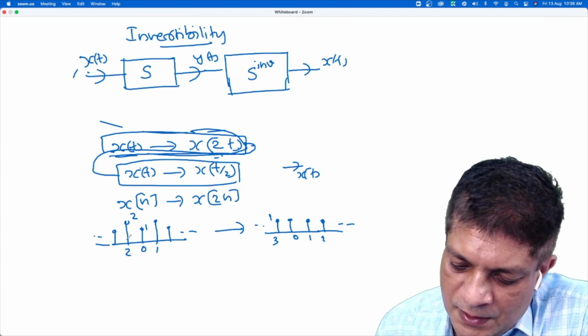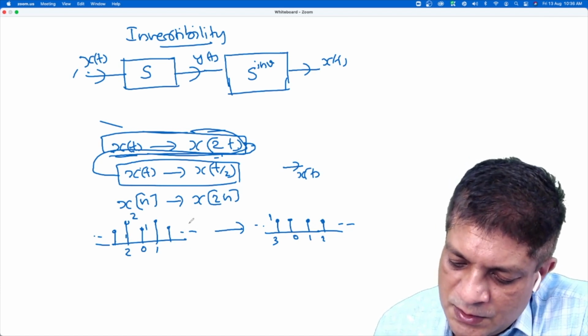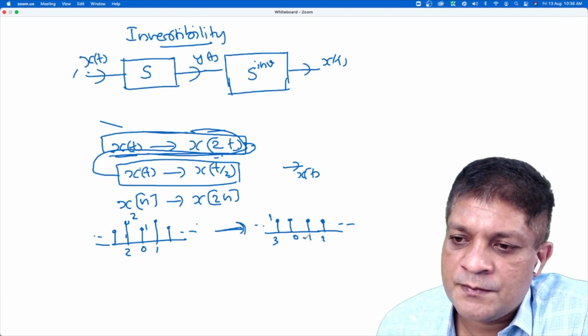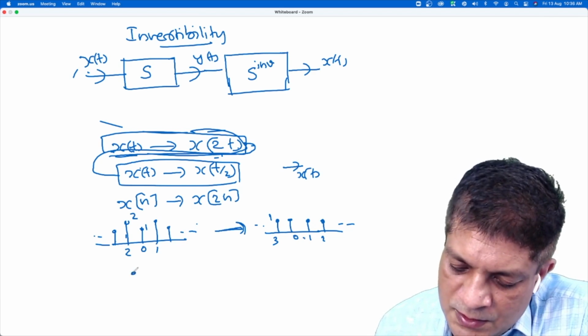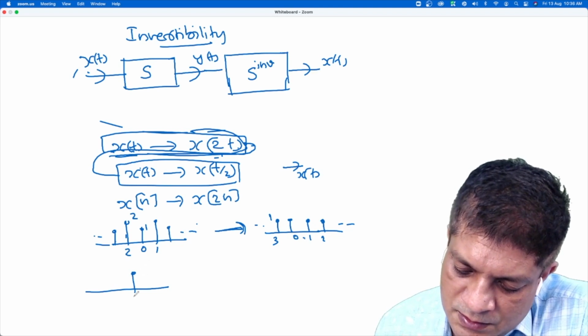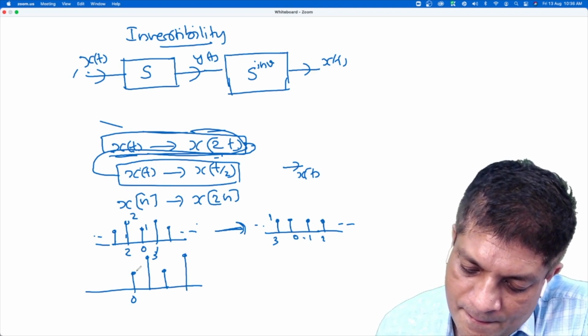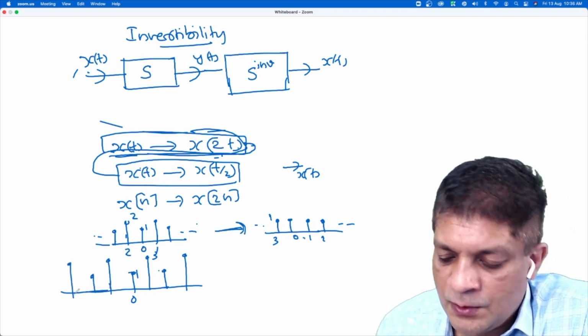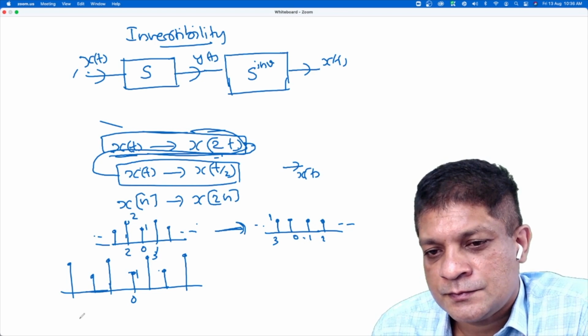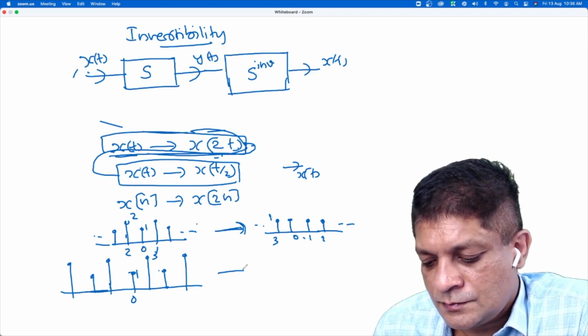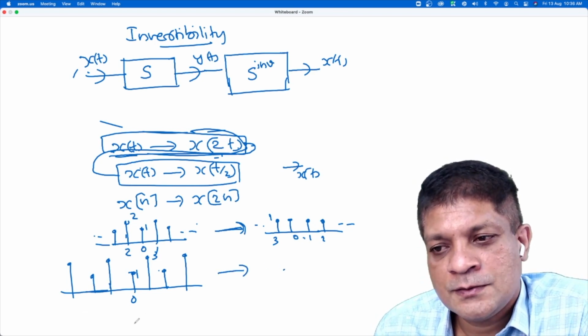For example, if you are giving this input, it is giving this output. Now, if you are considering another signal, let's say this is 0, 3, this is 1, and this is 3. What about the output?